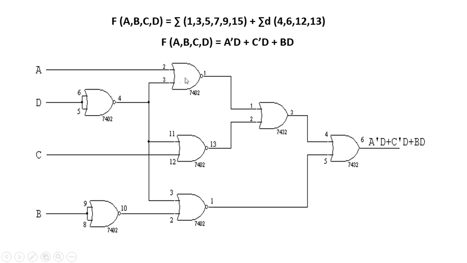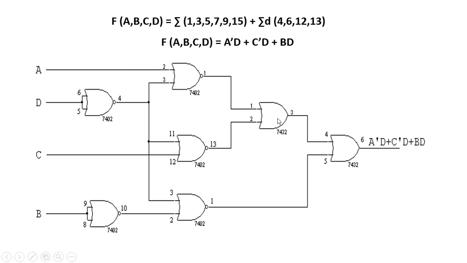For all NOR gates we require the 7402, and for OR gates we require the 7432 IC. We have earlier studied the IC diagram of NOR and OR gates. In a single NOR gate IC we can implement four NOR gates. So these four, this one, this one, this one and this one, can be implemented with a single NOR IC.